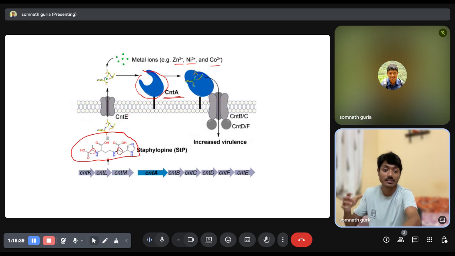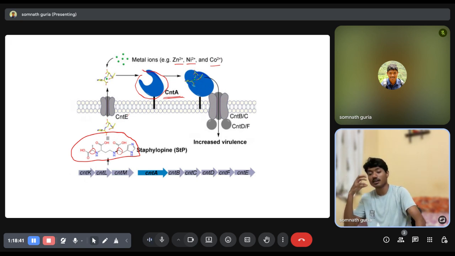So they increase their survival property. They can easily survive in harsh conditions wherever a low concentration of metal ions is found, as well as where there is competition for survival with other bacterial cells.